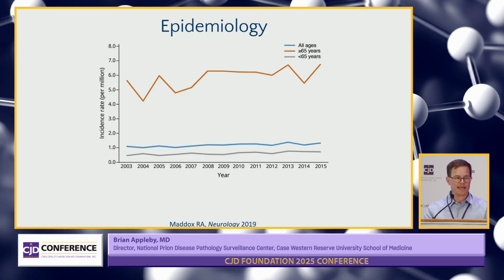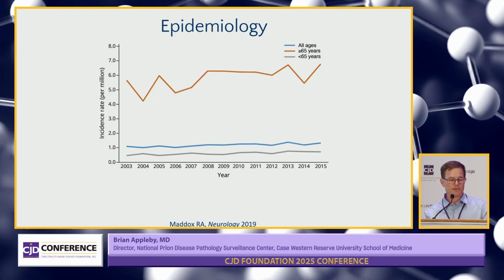So if we look at the average, or across all ages, the incidence is about 1 to 2 per million per year. And this is equal no matter what country you look at. If you have a better surveillance system, you might get closer to 2 per million per year, but it's always within that 1 to 2 per million per year.